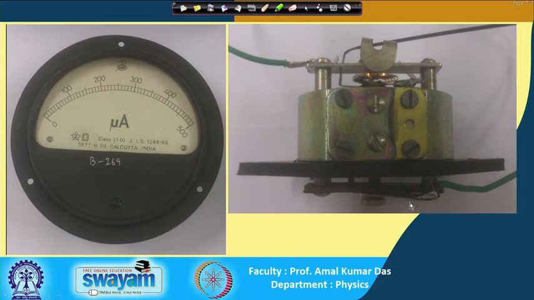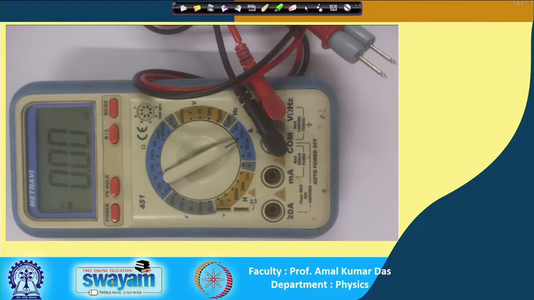So, the information is that this is the galvanometer, but an additional shunt resistance one has to add in parallel. That is not visible from outside. Okay. So, this is the information about the galvanometer, and how it is converted to an ammeter, and how it is converted to a voltmeter.